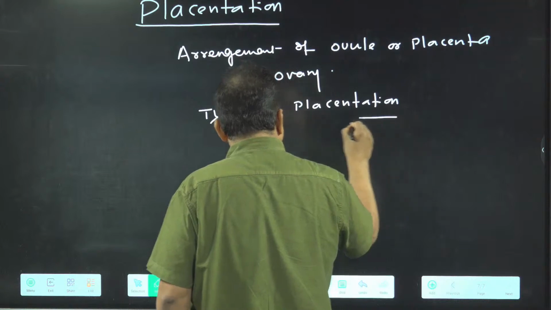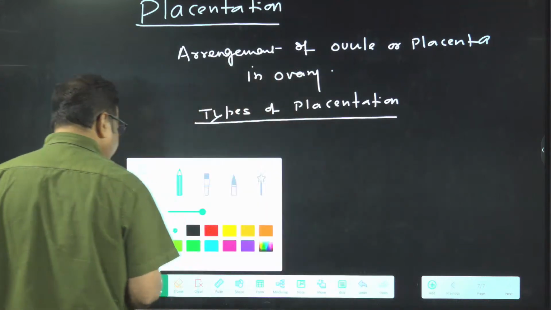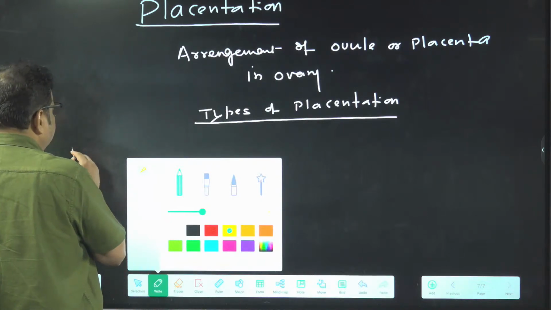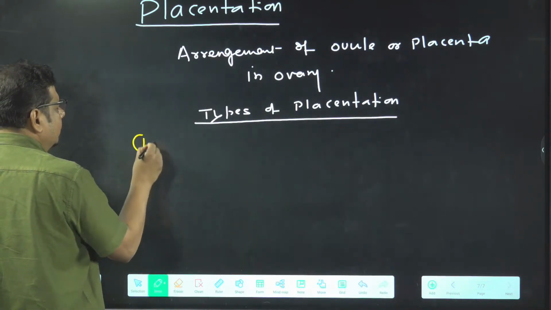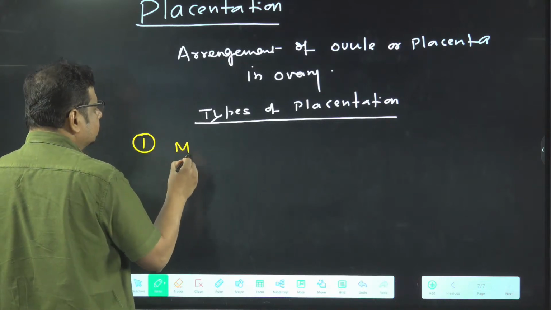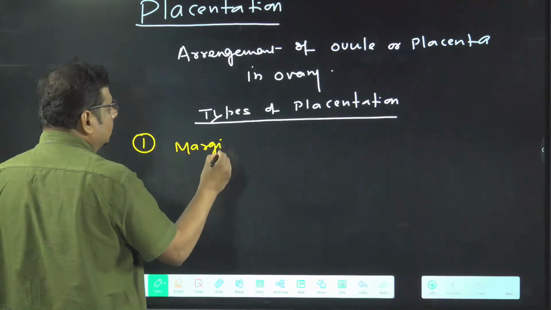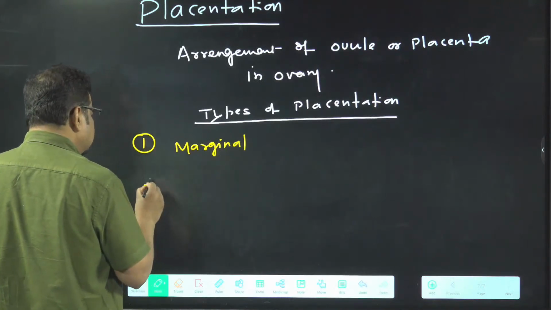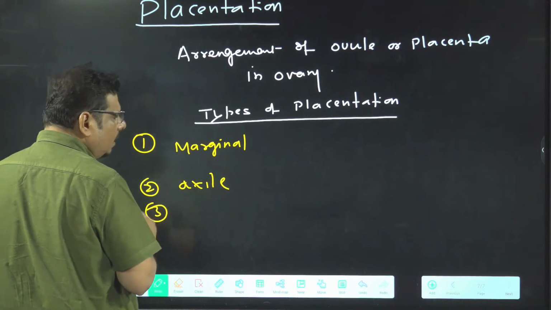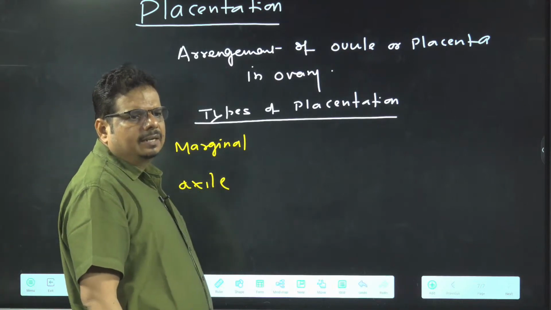We are going to discuss placentation. First, we will write the name and example, then I will tell the character and diagram. So first, the names, what NCERT wrote about. It is marginal. Second one is axial.